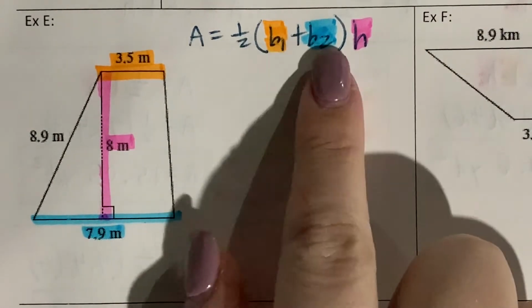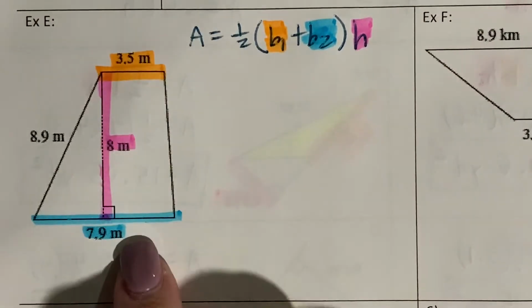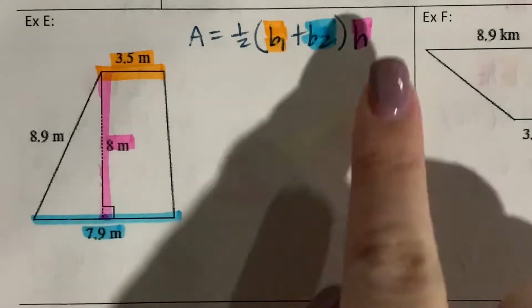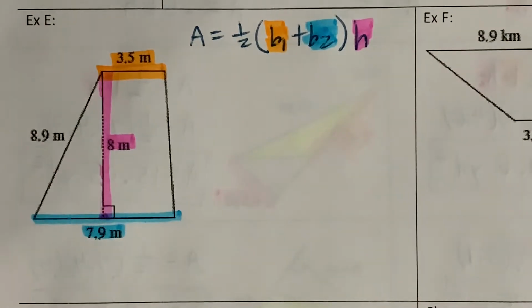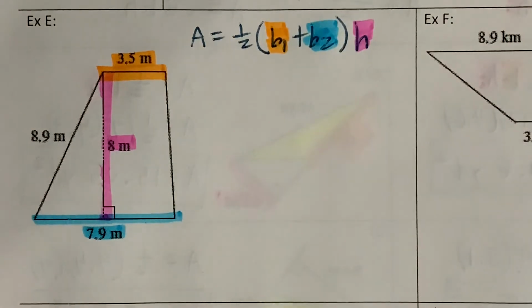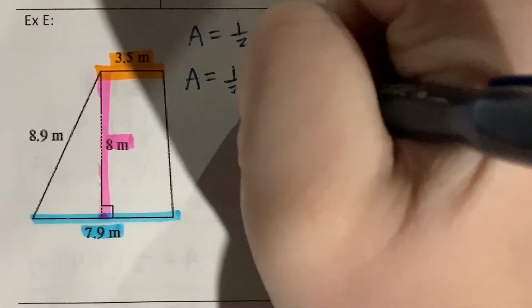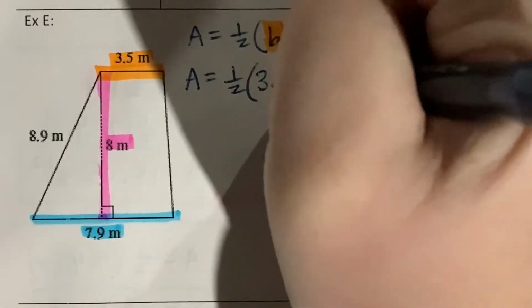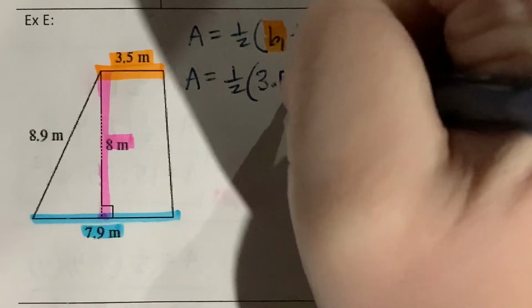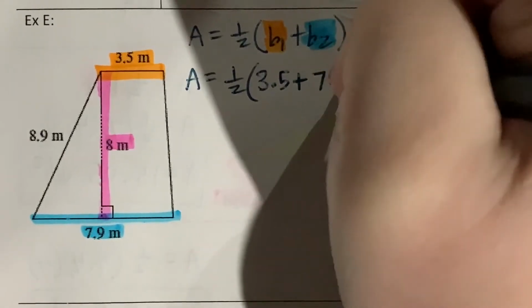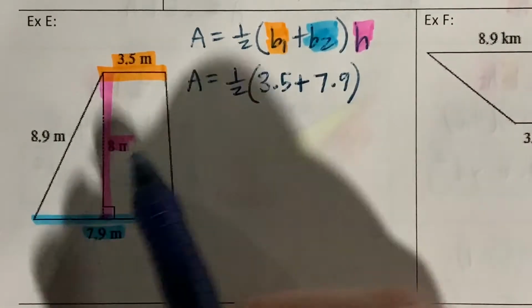So I've identified two bases, they're parallel to each other, and they're perpendicular to my height. These are the measurements I need to plug in. So I'll have area equals 1/2 times my base 1, 3.5, plus my base 2, 7.9, times my height of 8.